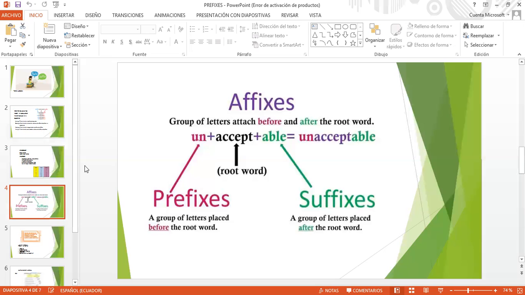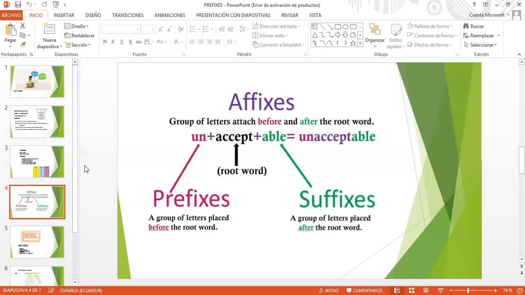Then make a list of prefixes that could go with the base word. Put those to the left of the base word and demonstrate the fact that prefixes come before the base word. Finally, we're gonna brainstorm a list of suffixes and place them to the right of the base word.